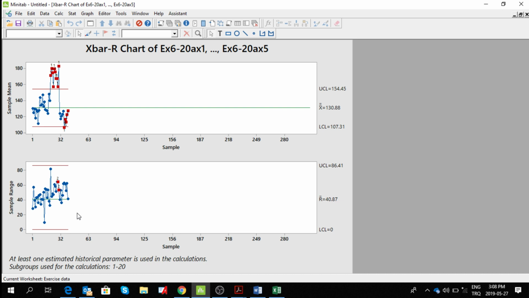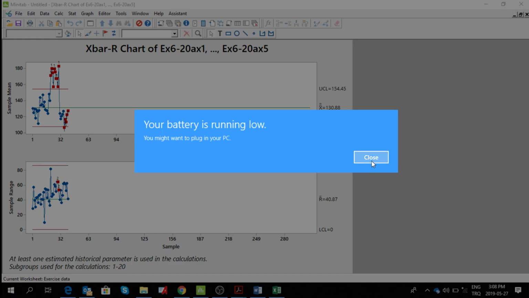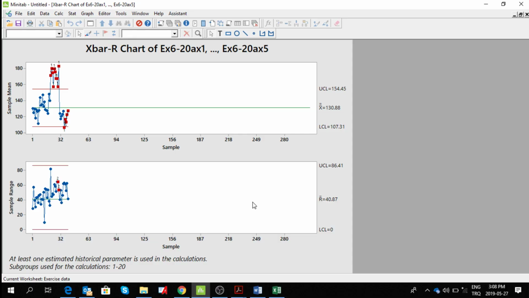The adjustment overcompensated for the upward shift, and the process average is here. The process average is between the lower control limit and the X bar, which is good. Only 36 is a problem here, so we are doing much better.